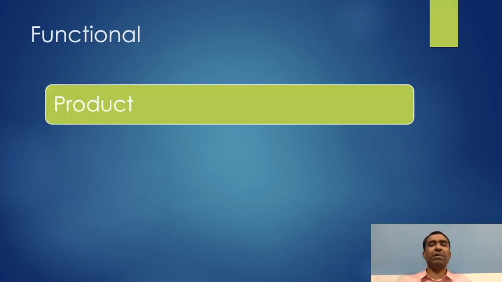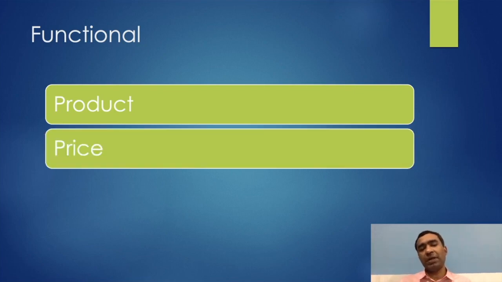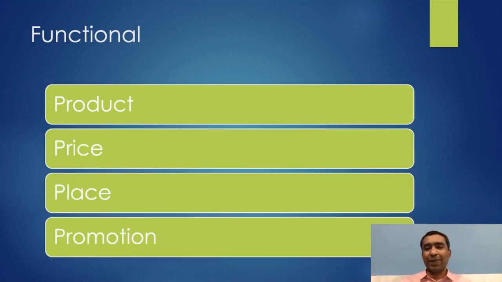These functional level decisions are very easy and everybody understands them. I know you also know the very famous 4 P's of marketing. They are functional level decisions of marketing. What is your product, what is your price, where are you going to place this product, and how are you going to promote this product.